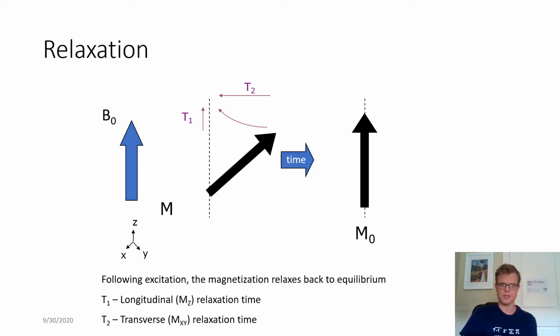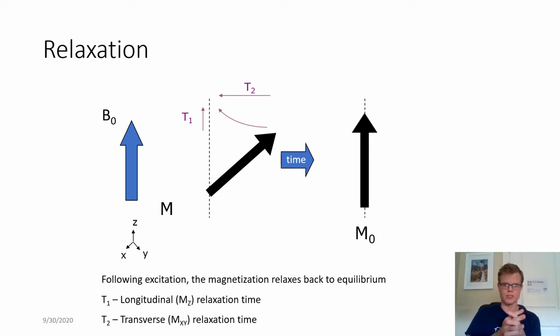The first of those listed at the bottom here is T1, which has a couple different names. I usually refer to this as the longitudinal relaxation time, longitudinal also referring to our MZ, our z magnetization. The second of these processes is T2, the transverse relaxation time is the term that I like to use, referring to the transverse component.